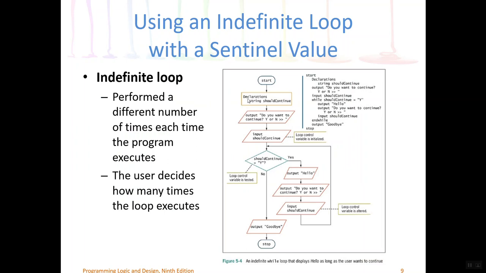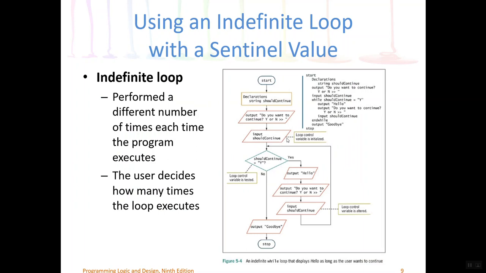So this program starts out by declaring a string called should continue. Should continue is going to store the value of y or n based on what the user inputs. So the first thing it does is it outputs, do you want to continue y or n? And then it reads in that value to should continue.